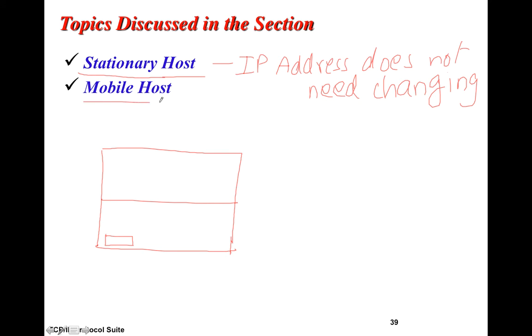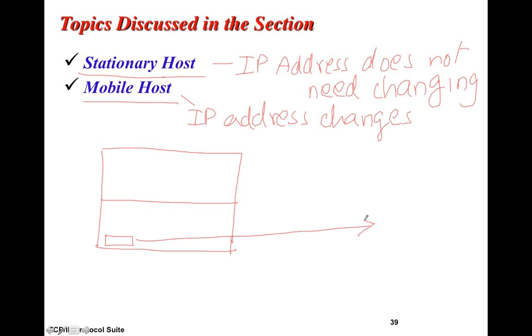A mobile host is where the IP address changes. So when this mobile moves outside the building and goes away from the coverage, now it is called a mobile host because it needs to join another network, and it needs to address the problem of the change in IP address.